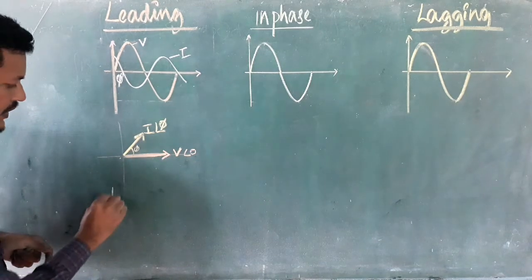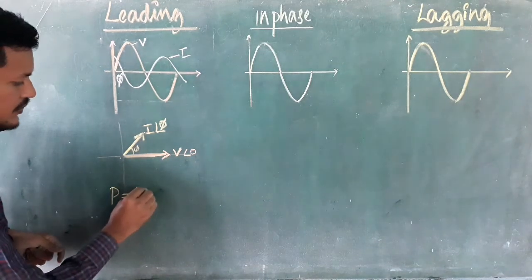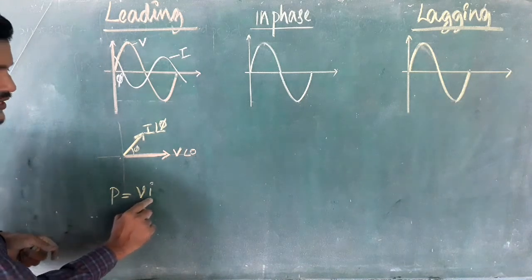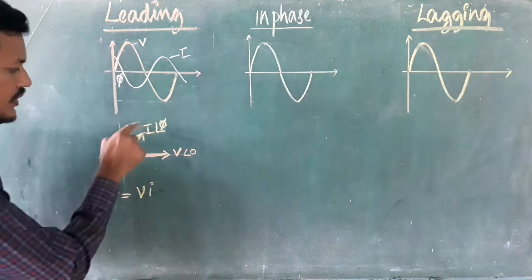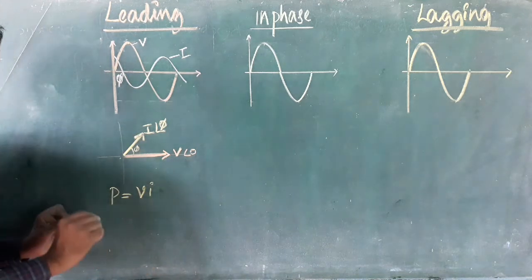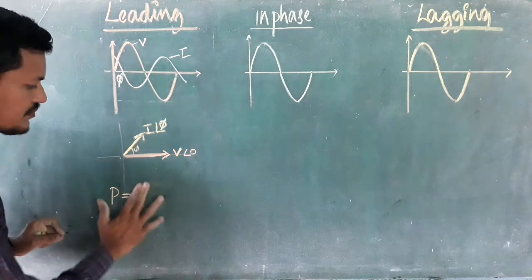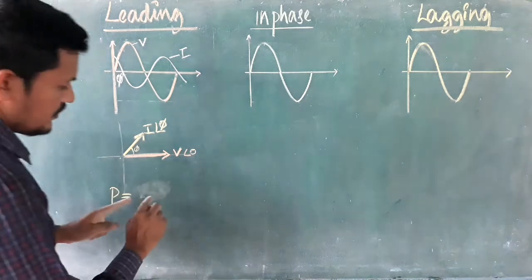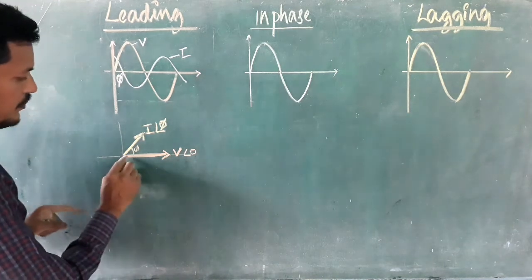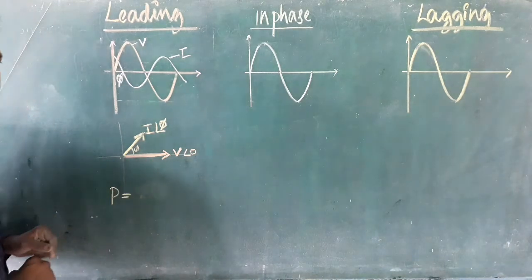We know that power equals V into I, where we took the instantaneous values of V and I. In the phasor diagram, we can directly write in terms of RMS values.